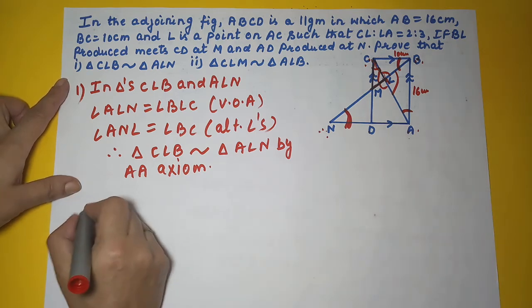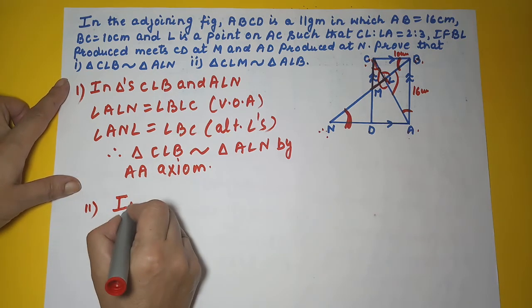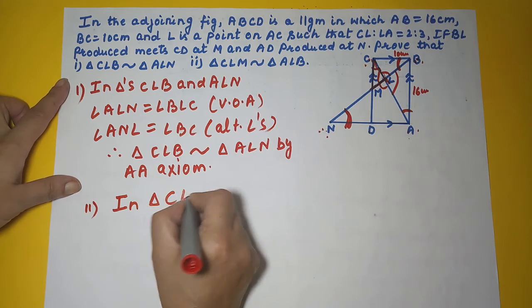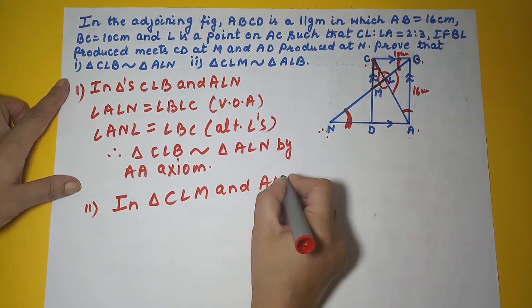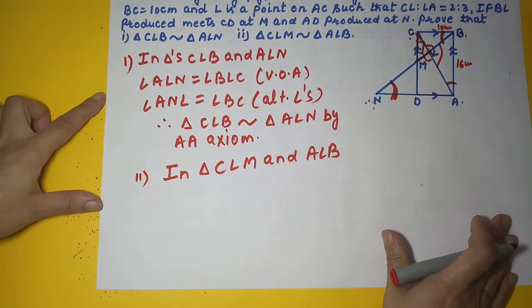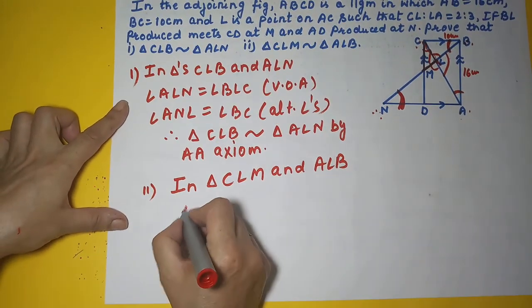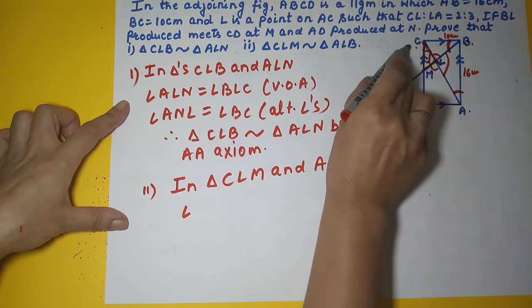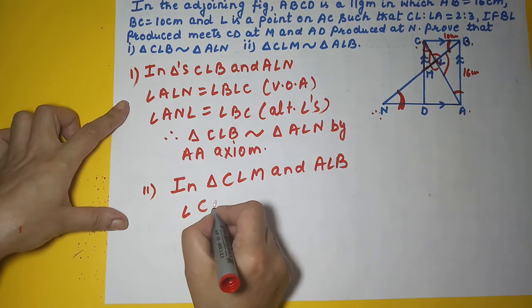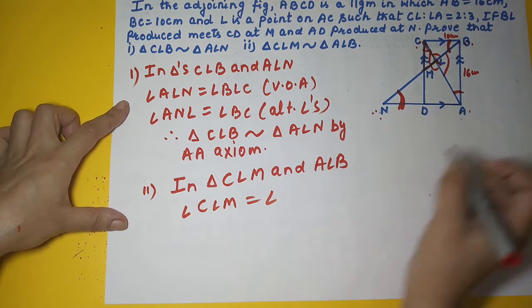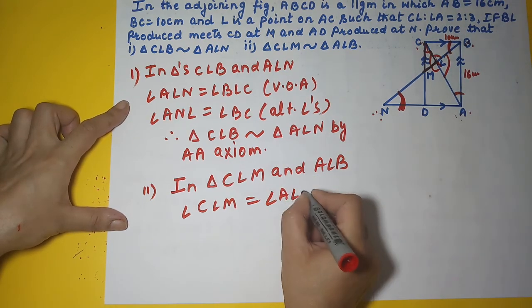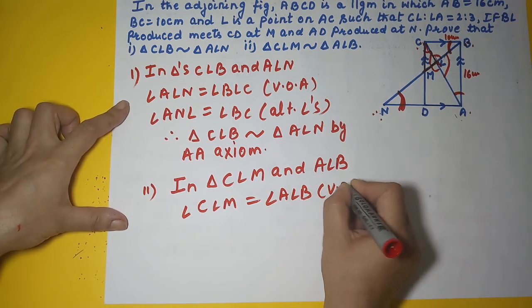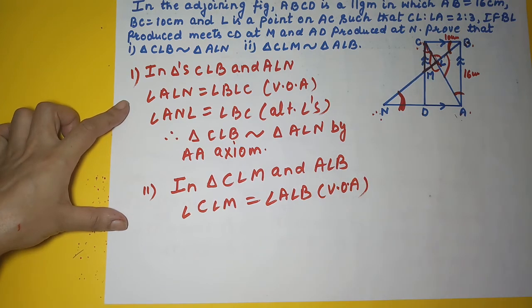So let's write this. We will take triangles, in triangle CLM and ALB, angle CLM is equal to angle ALB. Reason? Vertically opposite angles, right?